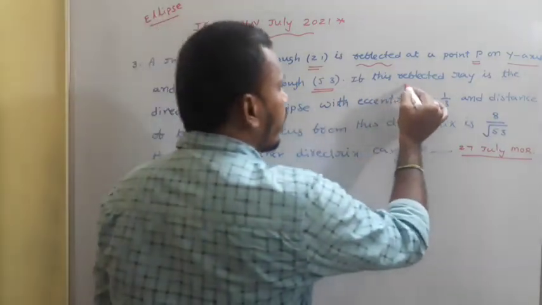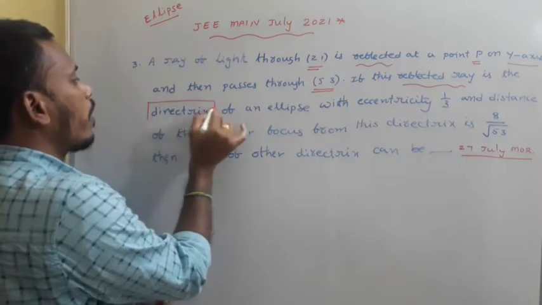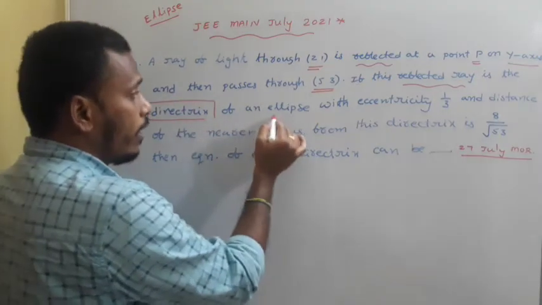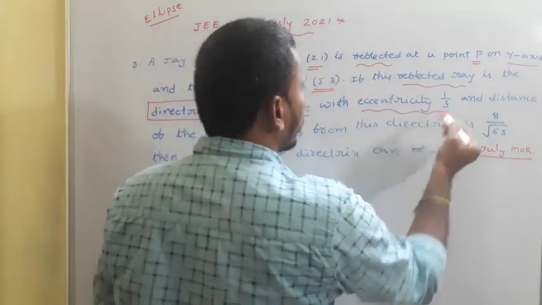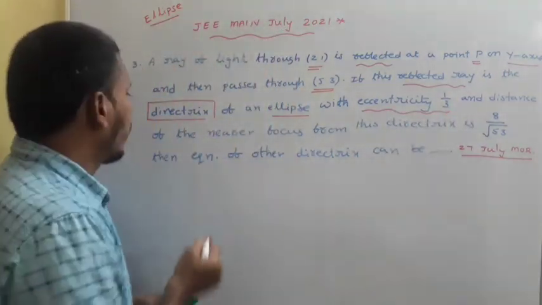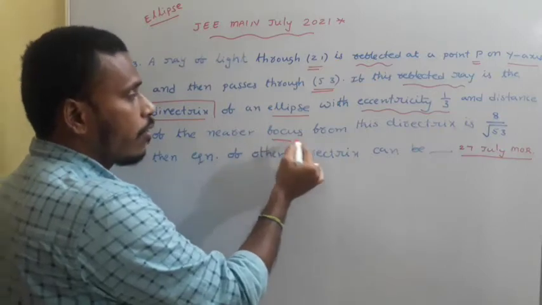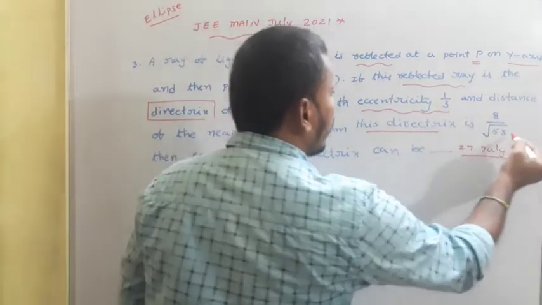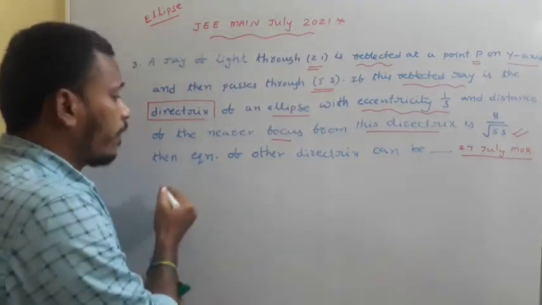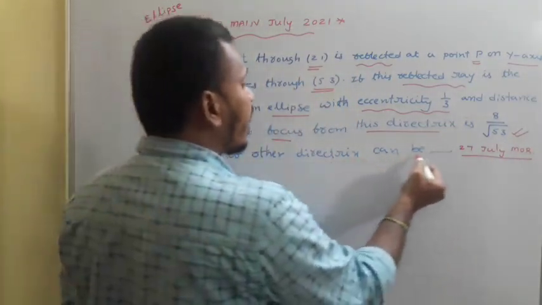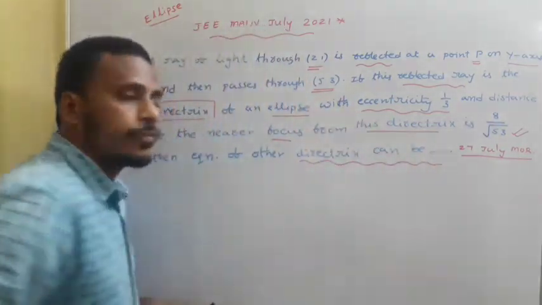If this reflected ray is the directrix of an ellipse with eccentricity 1/3, and the distance of the nearer focus from this directrix is 8 by root 53, then we need to find the equation of the other directrix of that ellipse.